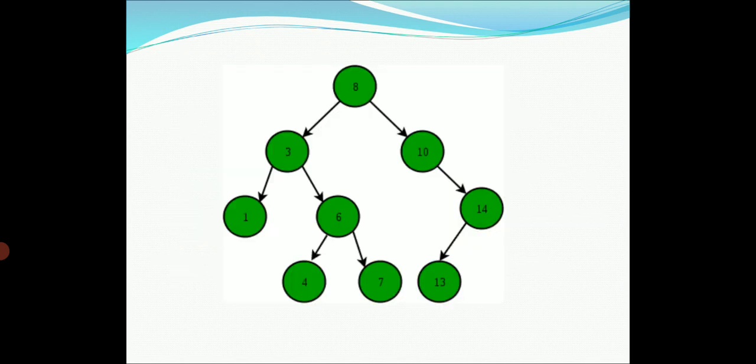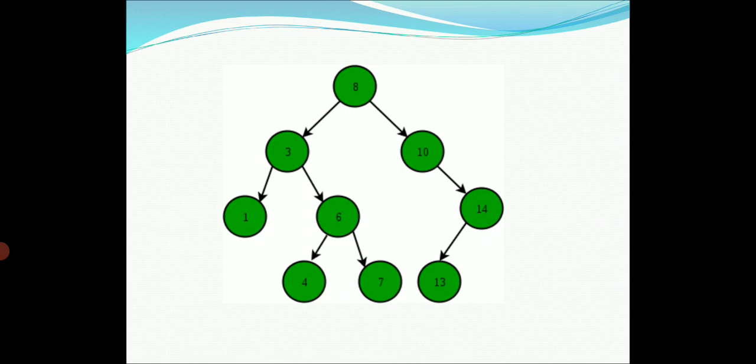This is a diagrammatic representation of a binary search tree. Here the key node, that is the root node, has the number 8. The left subtree has all the nodes lesser than the value 8, and the right subtree has the key nodes greater than the root node.